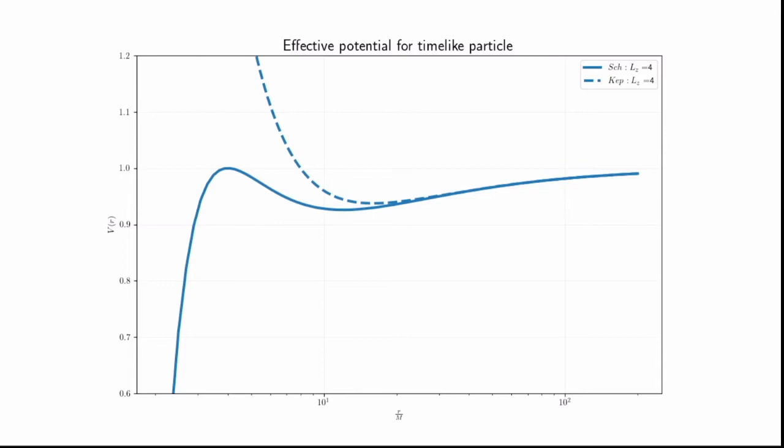In the earlier case, the angular momentum supplied to the particle was so small that it would simply bump into the black hole. In this case, angular momentum is a little larger, so that it would start going in a circular orbit at some distance rc. Now the difference again is that in the Schwarzschild case, when you have a very small angular momentum, the particle would simply fall into the black hole, which does not happen in the Keplerian problem.